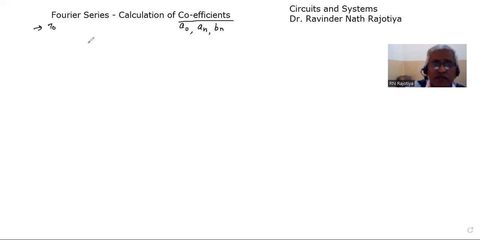Well, fine. We know that a function f of t can be represented as equal to a0 plus summation of i equal to 1 to n of an into cos of n omega t plus bn into sine of n omega t.